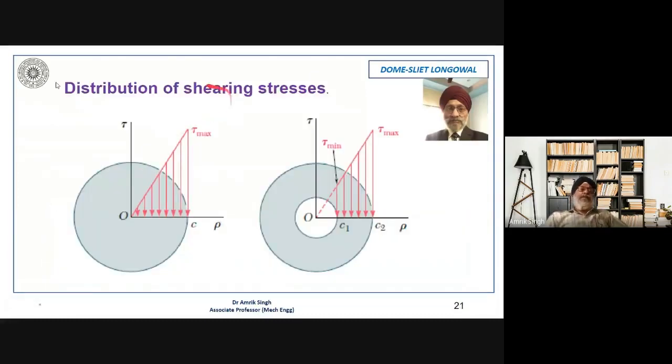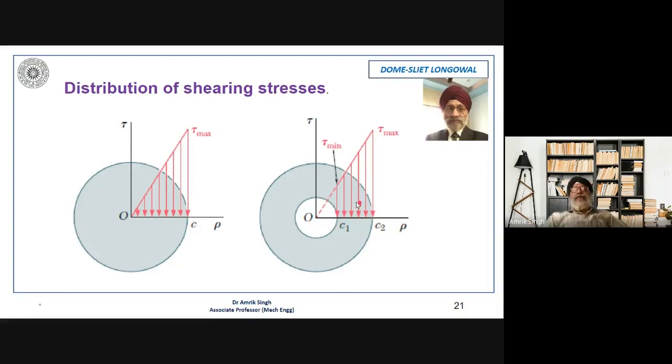So you see, this is a distribution of stress in the case of the hollow shaft and solid shaft. In the solid shaft, the shear stress is minimum here and it goes on increasing and it is maximum at the outer surface, tau max. While in the case of the hollow shaft, it has some value here because it is 0 here.